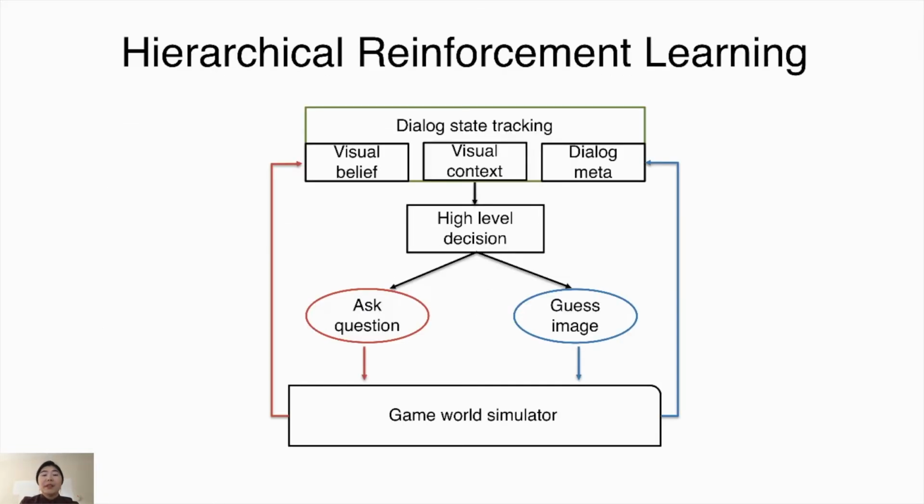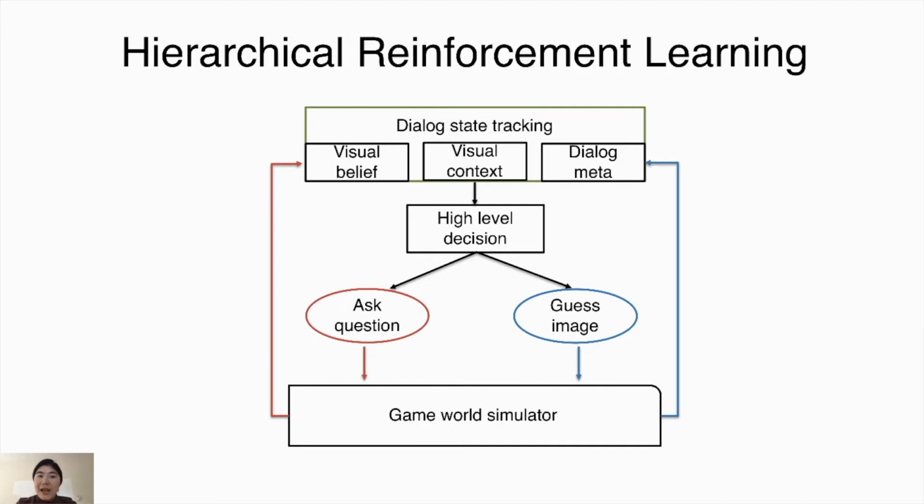We particularly designed a hierarchical reinforcement learning algorithm for this task, because you can think of the task as separated into two subtasks. You can either ask a question to gain more information at a certain time, or you can make a guess to say, is this the image that you want? That way you can reach success.